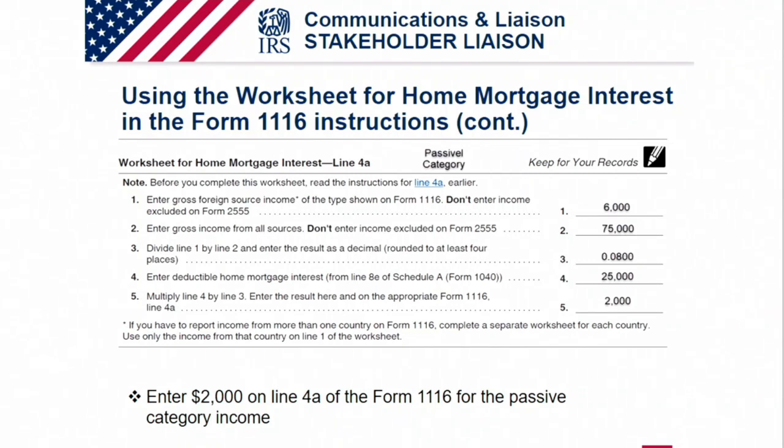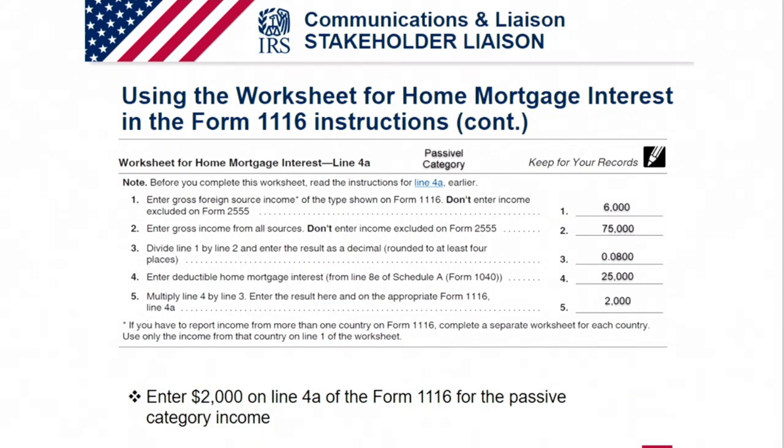Next slide. Again, we use the worksheet to apportion the mortgage interest to the passive category. We just went over the general category. Now we're doing the passive. Again, the passive income from the partnership is $6,000. Total gross income from all sources, $75,000.